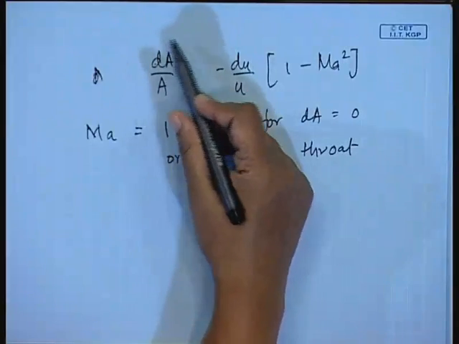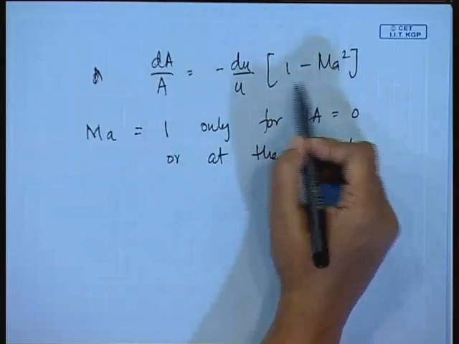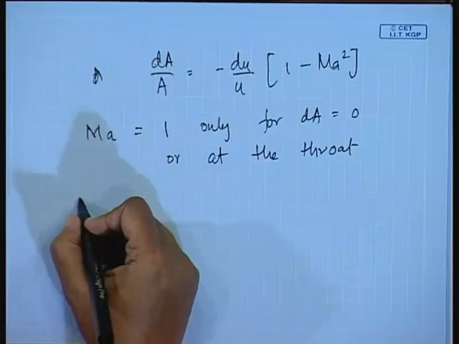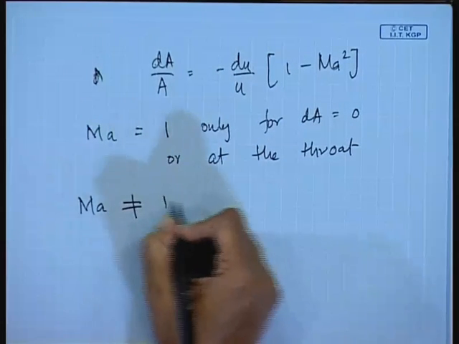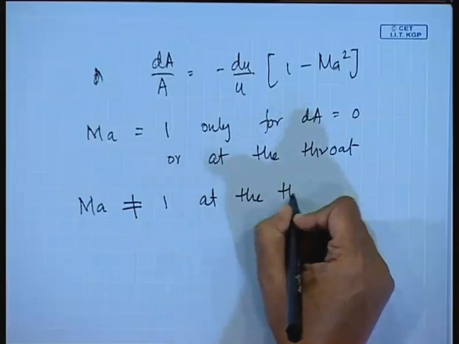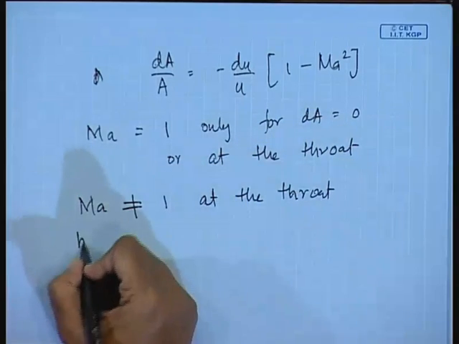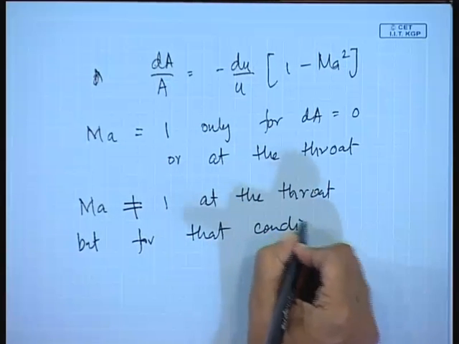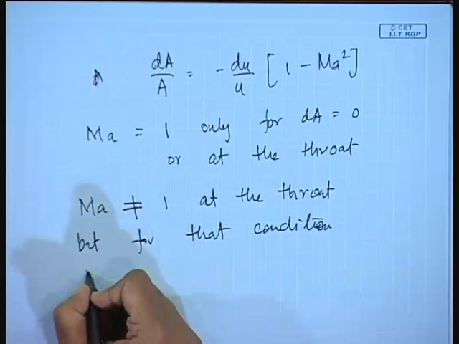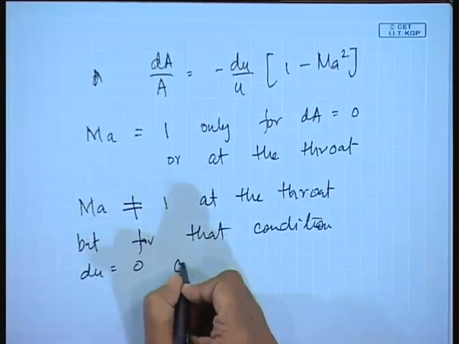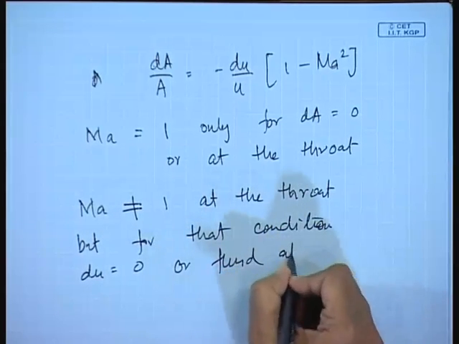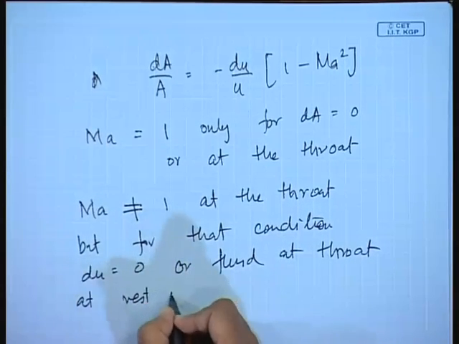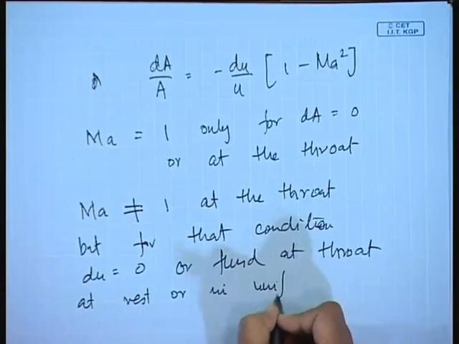Because dA equals 0 can be obtained either by Ma equals 1 or du equal to 0. So, Mach number might not be equal to 1 at the throat, but for that condition du equals 0, the fluid at the throat has to be at rest or in uniform motion.